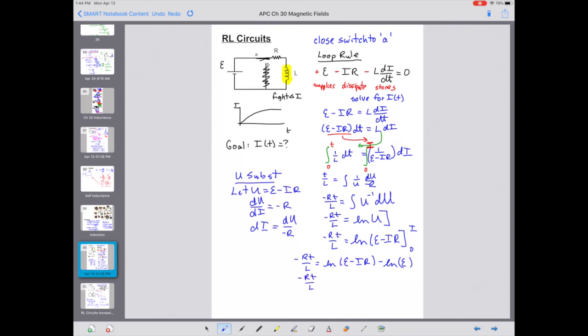Writing that as a ratio, negative Rt over L equals the natural log of EMF minus iR over EMF.